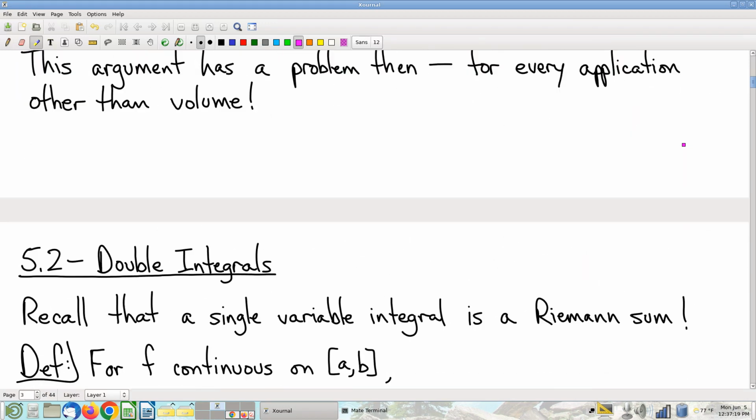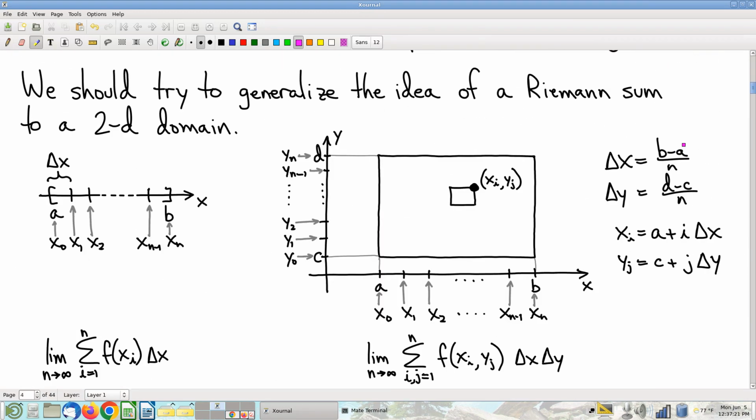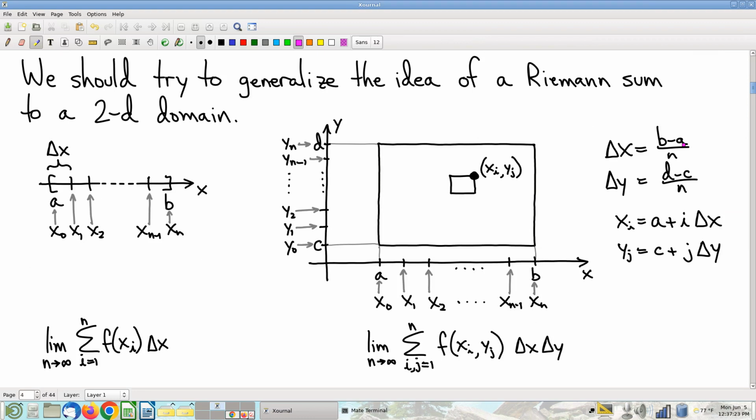But now we're going to develop a truly multivariable generalization of an integral. Single variable aside, we're not going to reproduce single variable integrals. So the idea of a single variable integral is if you have an interval, then you chop it up into little pieces.